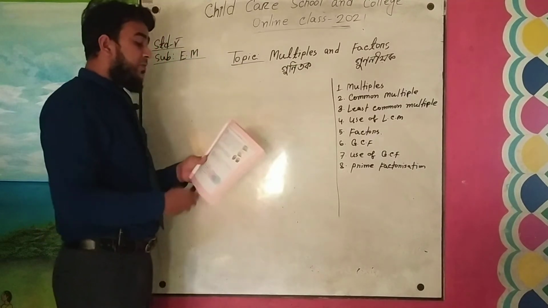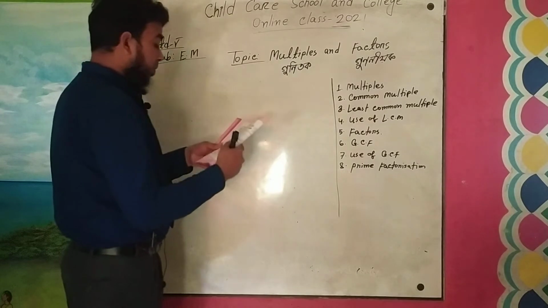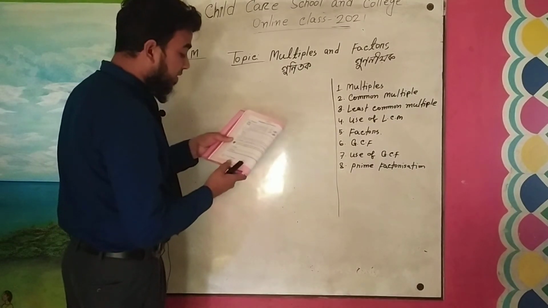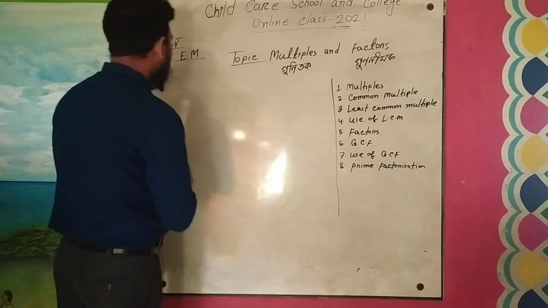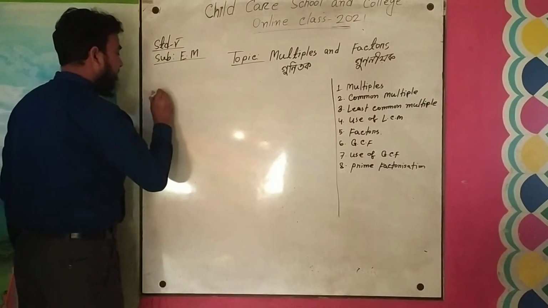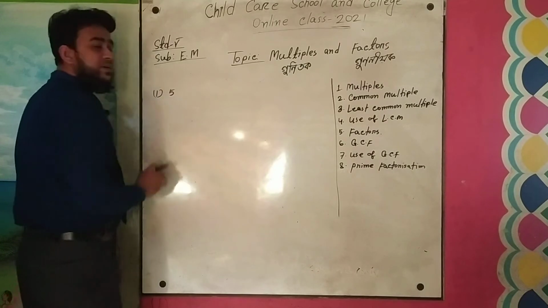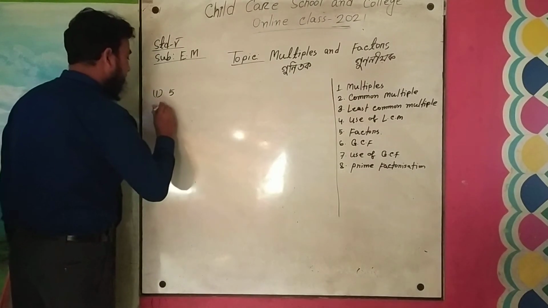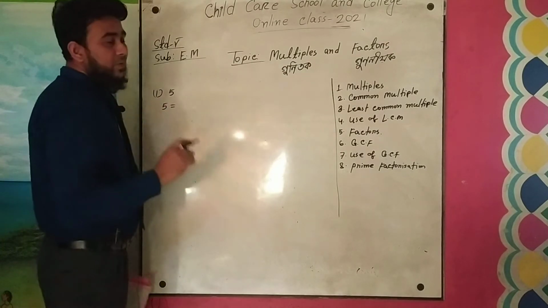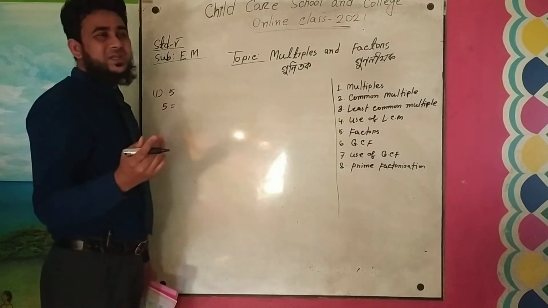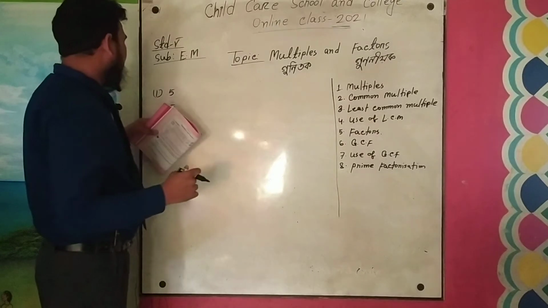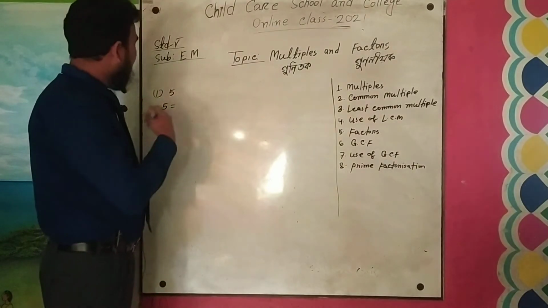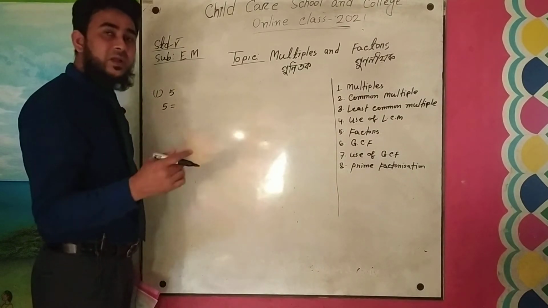Suppose you write 10 multiples of 5 on page number 26. Look here. Multiples mean the multiplication table. If we multiply 5 by 1, we get the first multiple. If we multiply 5 by 2, we get another multiple. This way we can do.